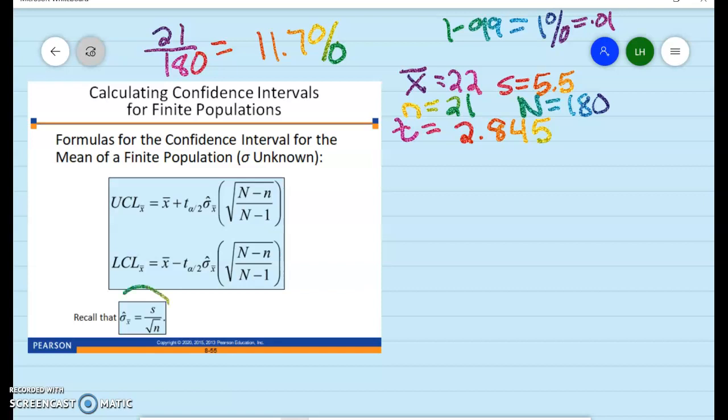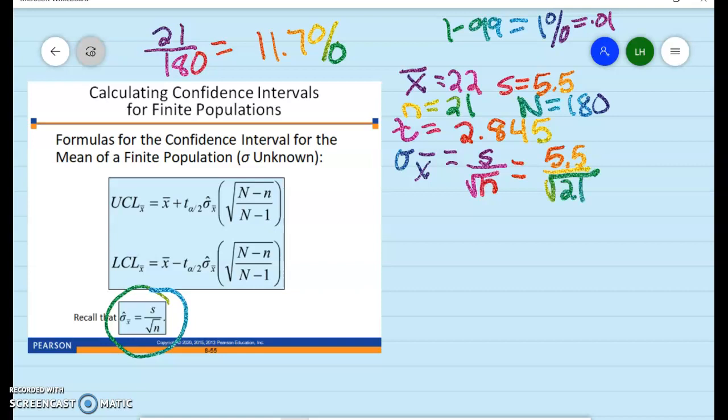We can go ahead and get the approximate standard error of our mean. Since we don't have the population standard deviation, we're going to use the sample. So 5.5 divided by the square root of 21 is going to give us 1.2002.